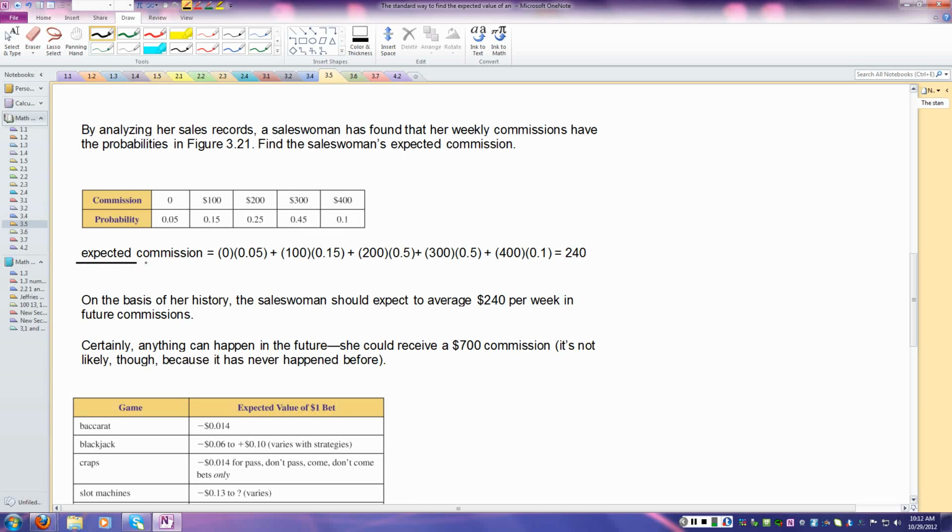Her expected commission is the probability she gets $0 times $0, plus the probability she gets $100 times $100, the probability she gets $200 times $200, and so forth. If you put this in the calculator, you get 240. So based on her history, the saleswoman should expect an average of $240 a week in future commissions.